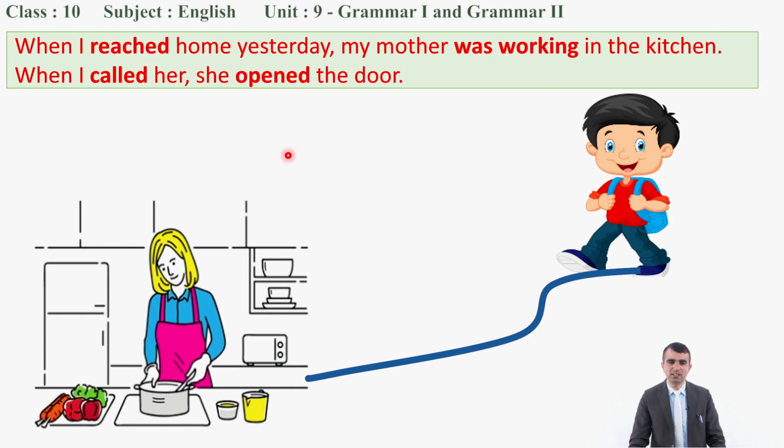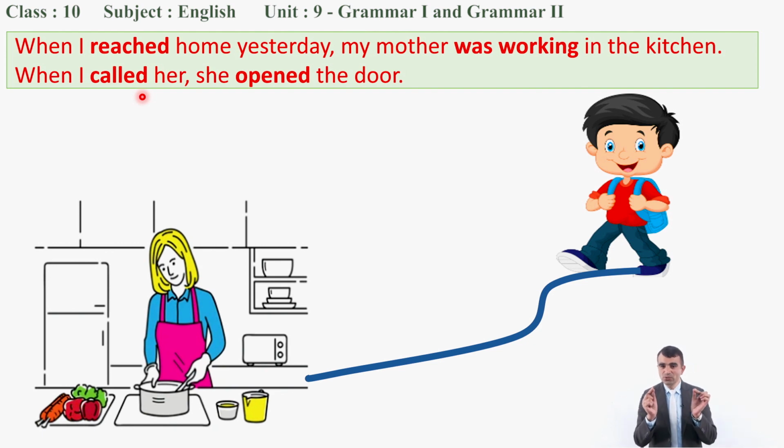Next sentence, read here: When I called her, she opened the door. When I called her, is this an event or circumstance? Event, very good. Another event: she opened the door. This one, event or circumstance? Event. Here both are events.